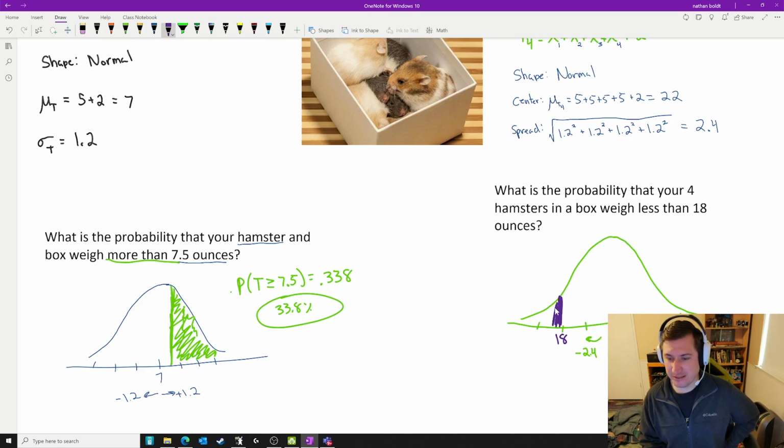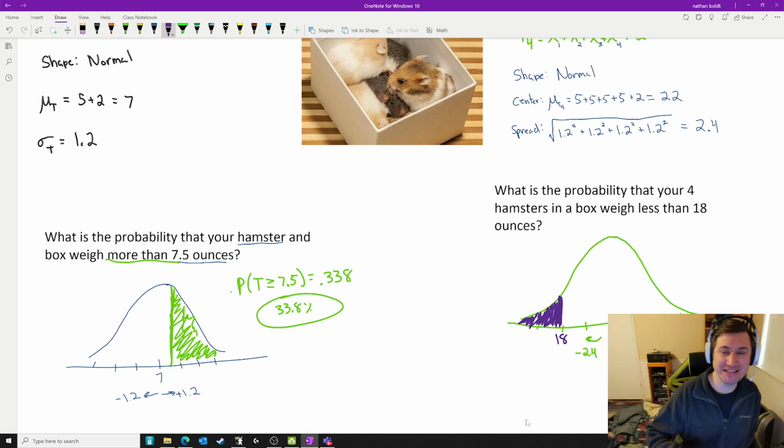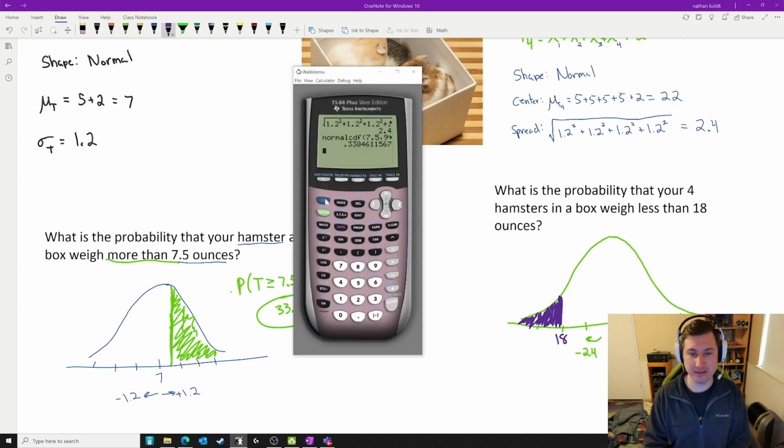And what are the chances it is less than 18? So we're coloring in to the left this time. Well, again, a normal CDF. Second distribution, normal CDF. Lower this time, well, I'm going to infinity, so that's negative 9999999. Upper is 18. The center is 22. And 2.4 for the standard deviation.